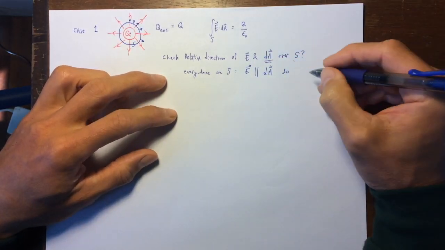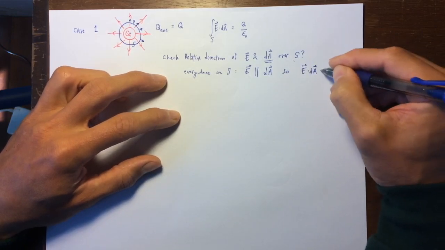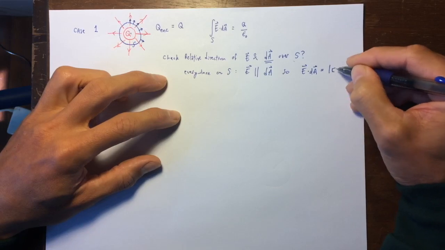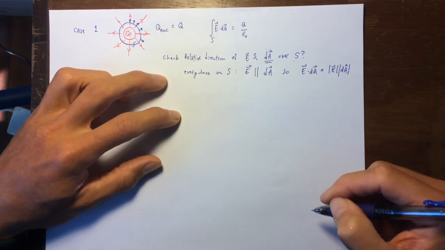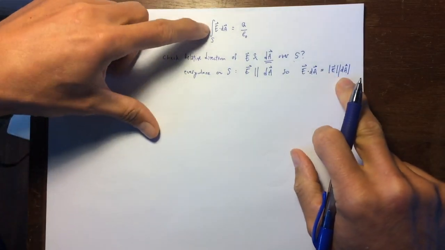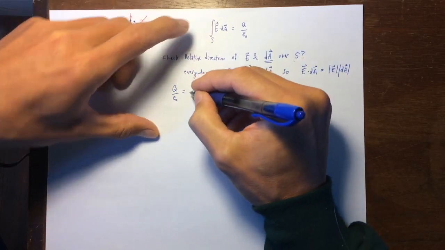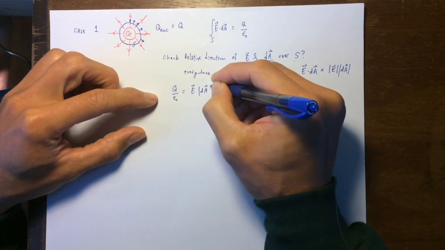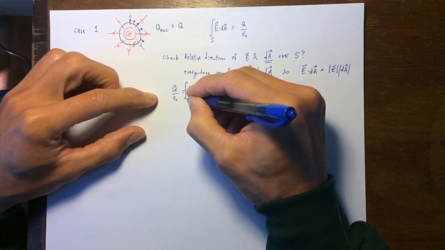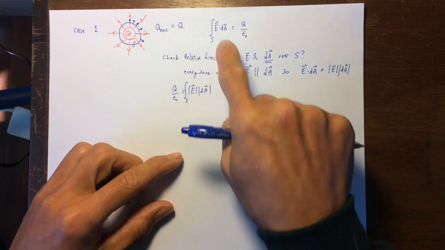So E dot dA is the same thing as the magnitude of E times the magnitude of dA. So now Gauss's law becomes Q over epsilon naught equals the integral over S of the product of the magnitudes rather than the dot product.